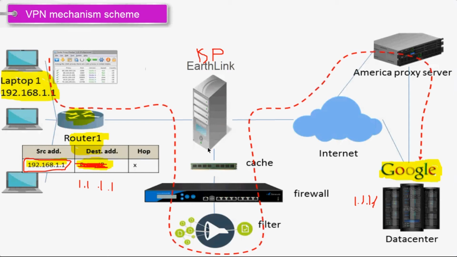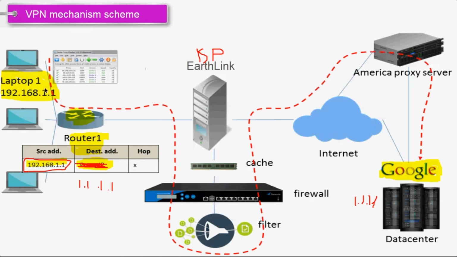So the Earthlink main system focuses on the more important tasks, and the less important tasks use sub-servers, which are called proxy servers.